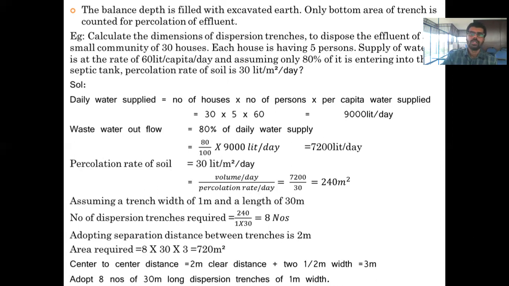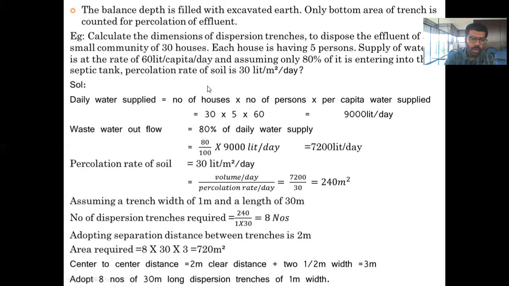What is given? 30 houses are there. There are 5 persons each, the water supply rate is 60 liter per capita per day, and the percolation rate is 30 liter per meter square per day. So this is the given data.